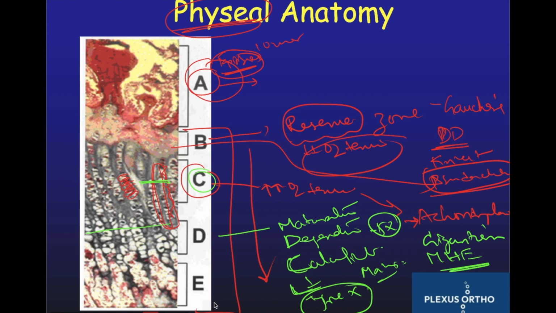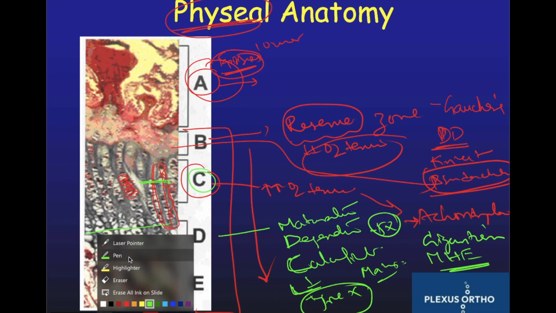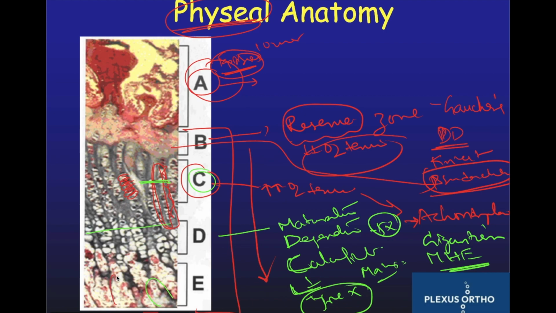The next zone is the primary spongiosa, right? Primary spongiosa is where the blood vessels start invading, and vascular invasion and resorption of the transverse septae occur. The osteoblasts start forming and align on cartilage bars produced by physeal expansion.